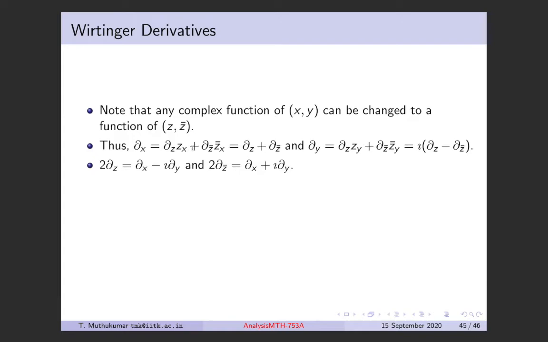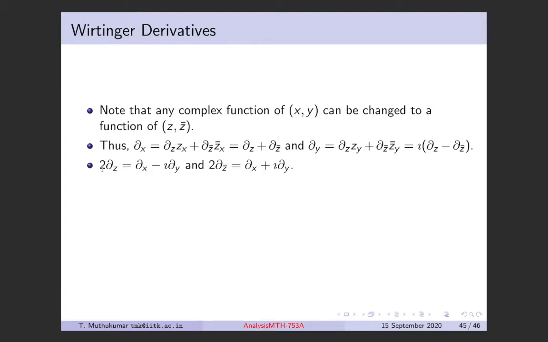So if you sum these two equations, you have del z here, you have i del z here. You can bring this i with the partial derivative of y. So you can see that 2 del z is del x minus i del y, and 2 del z bar is del x plus i del y. This relation you obtain from the above relation.